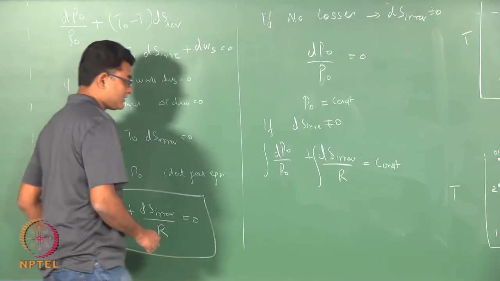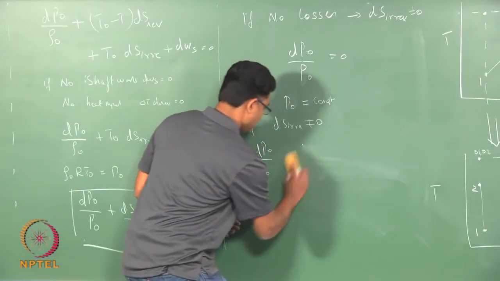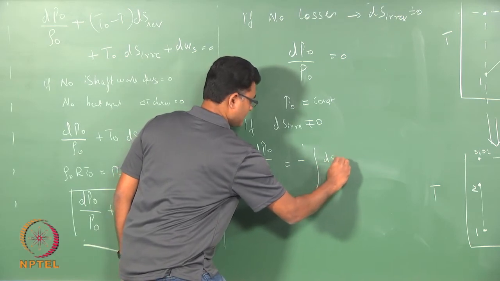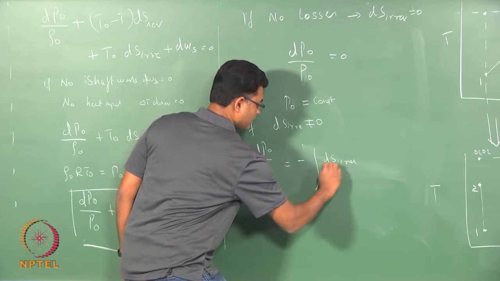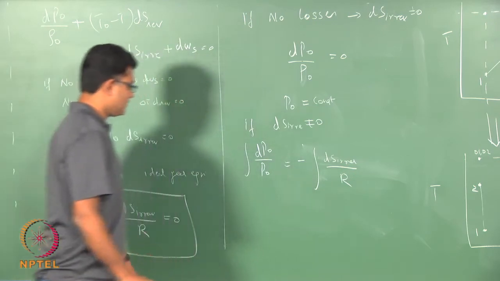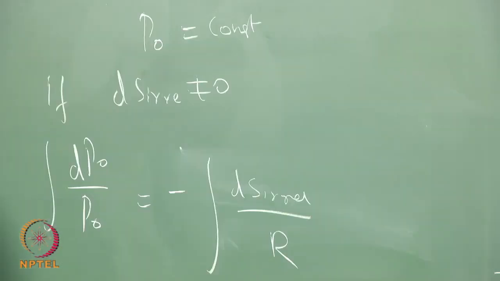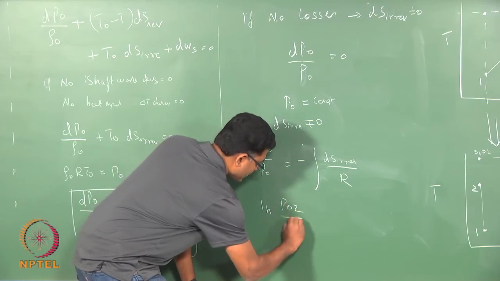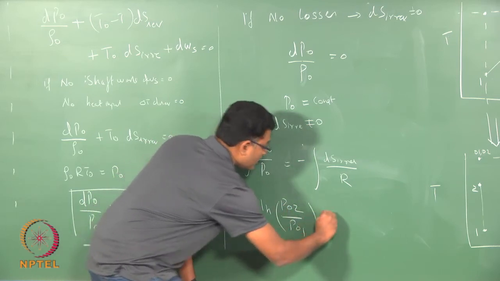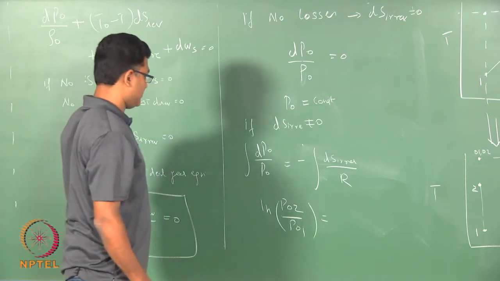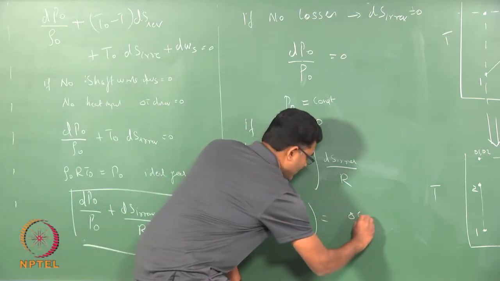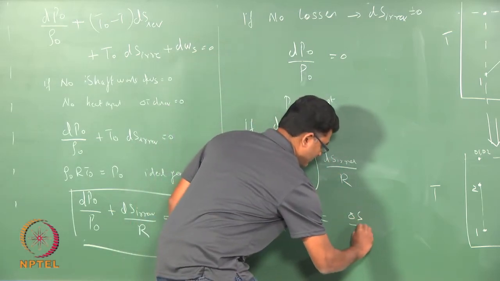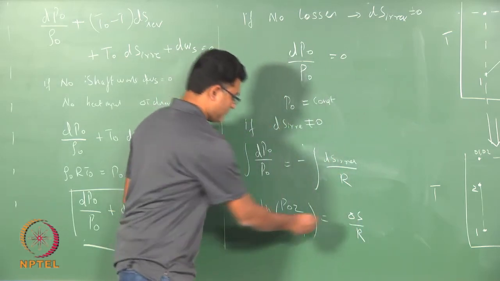Or I can take it to the other side. So, this would be ln P02 by P01, equal to delta S, which is S1 minus S2, by R with a minus sign.